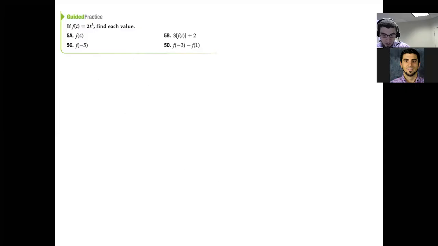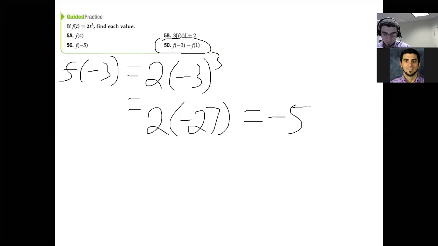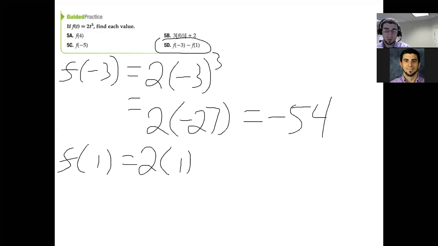Now, 5d, remember what I said, figure out the first one. So f of negative 3 is going to be 2 times negative 3 cubed. So that's 2 times negative 27, which is equal to negative 54. Figure out the other one, f of 1, which is 2 times 1 cubed.